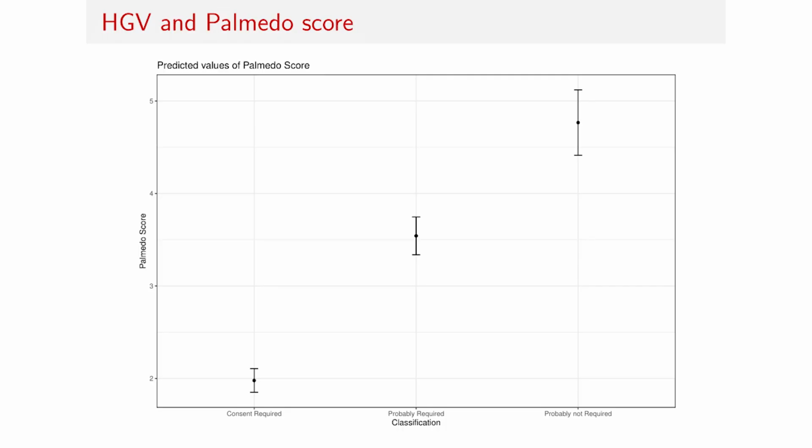As you can see here, the predicted values of Mike's scores follow exactly the same logic, and the confidence intervals are quite narrow, which is quite good in terms of the amount of variability within each of the categories.